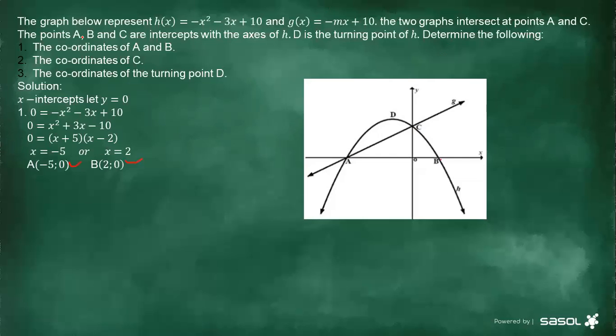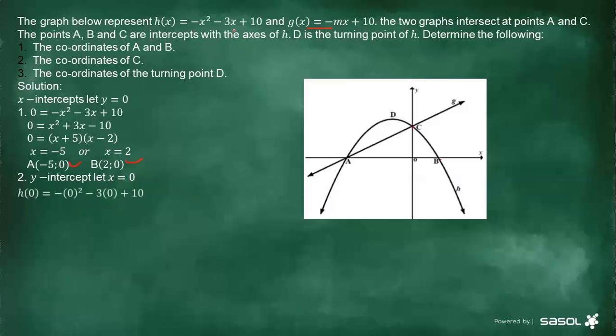All right. Now the coordinate of C, when you look at C, is what? C is the y-intercept of the straight line, and also the y-intercept of the parabola graph. So either one you can use is fine. You can get the coordinates of C using the straight line, or we can use the parabola graph.